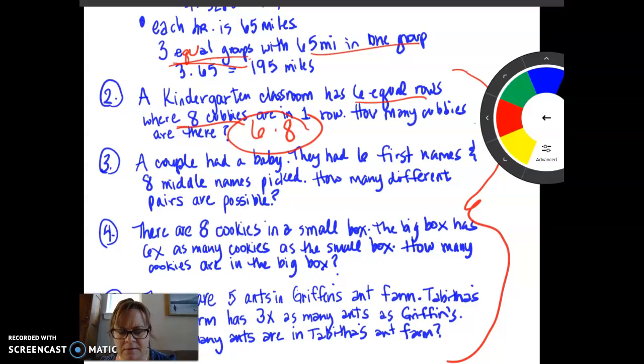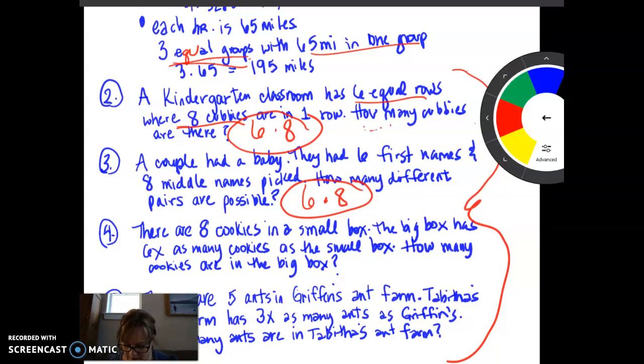So this is a problem for 6 times 8 because we can multiply 6 and 8 because each first name gives us the first part of the ordered pair, which corresponds to the rows in the array problem up here. And then each middle name gives us the second part of the ordered pair, which corresponds then to like the columns, if you think of it that way, from number 2. And so we have 6 groups of 8 names.